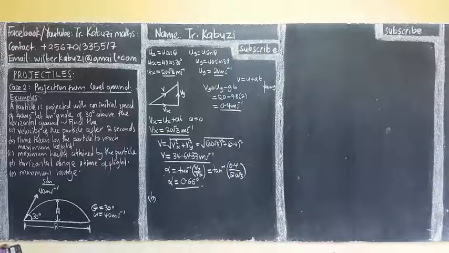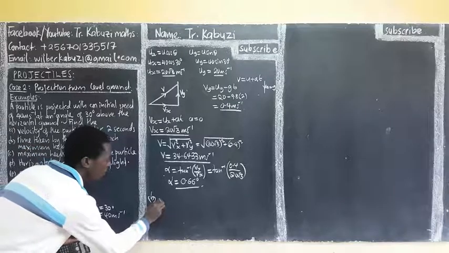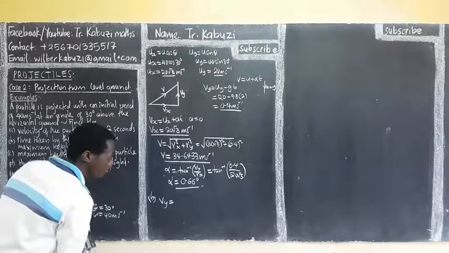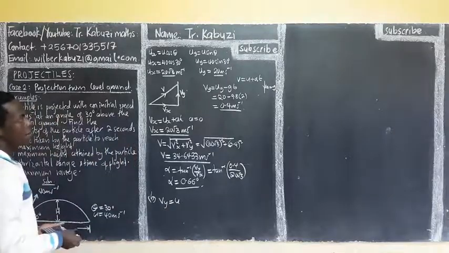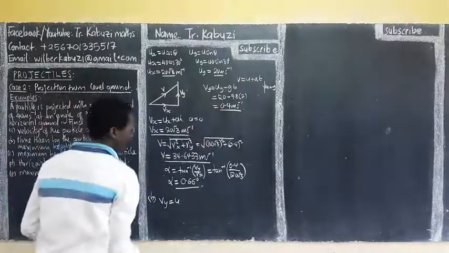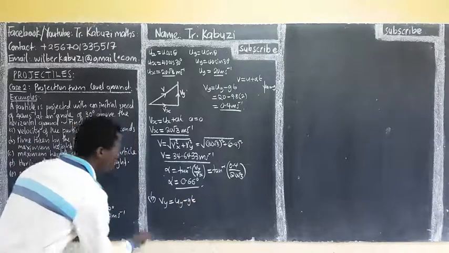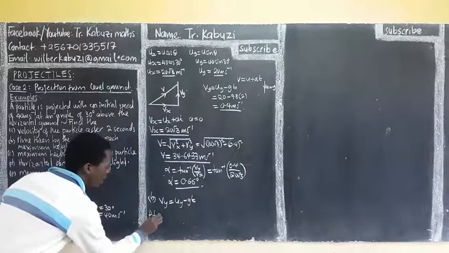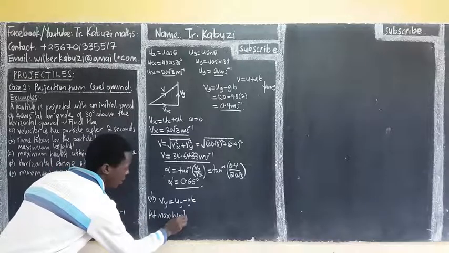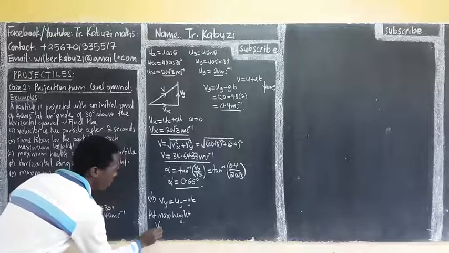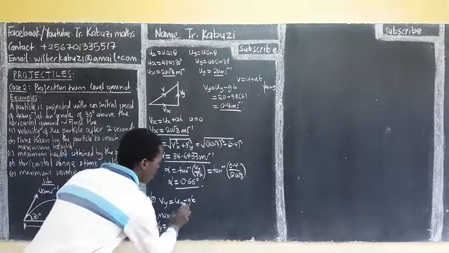So from vy equals uy minus gt, at max height our vy is 0.